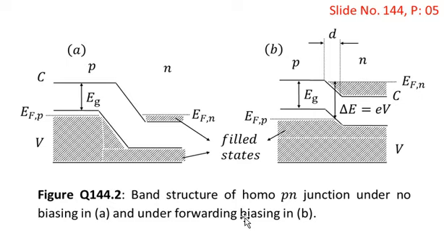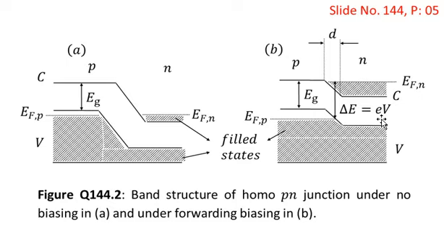Due to forward biasing, more holes from the p-type have moved towards the junction, and the electrons from the n-type material have also moved towards the junction due to the application of the forward biased electric field. And then of course the junction has reduced in width, and the voltage that we have applied is shown as delta E is equal to eV, where V is the applied voltage and e is the charge on the electron.